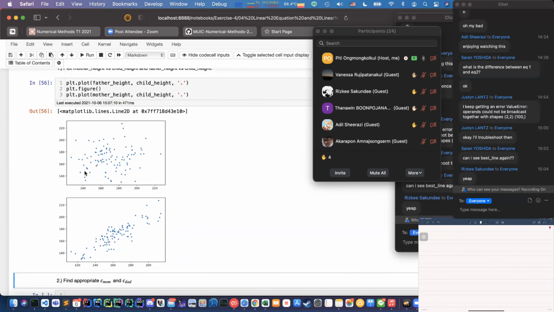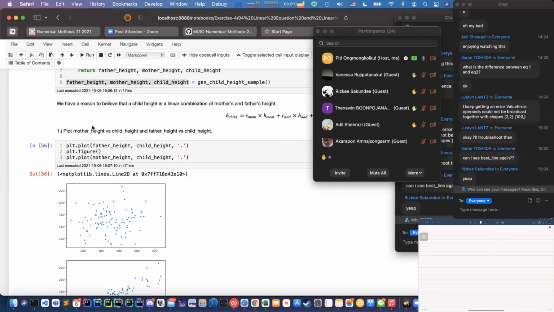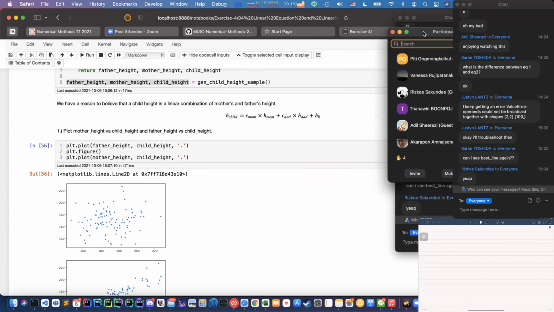Okay, so father and the child, not much, but the mother and the child shows you some really nice correlation, right? But you want to predict the height of the child based on the height of the mom and the height of the dad. So you want to be able to figure out all these coefficients.